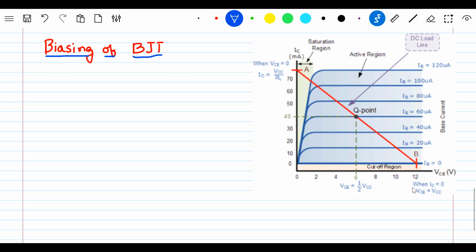In common emitter configuration, we normally plot the curve for an amplifier circuit, which gives us certain values. This is the characteristics curve, which we call the BJT common emitter characteristics curve.